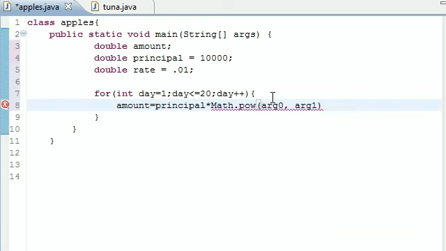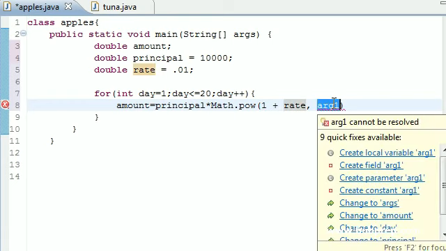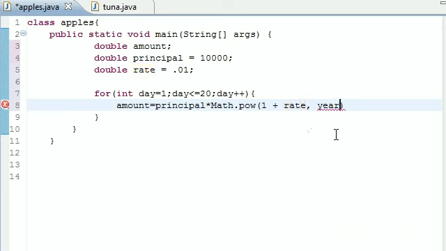The first thing, what's in the parentheses, is 1 plus rate. And what do you want to give the exponent? Year, or let's see what it was, day actually. So now we have amount equals principal, which is 10,000, times 1 plus 0.01 to the day, and that day is going to loop.